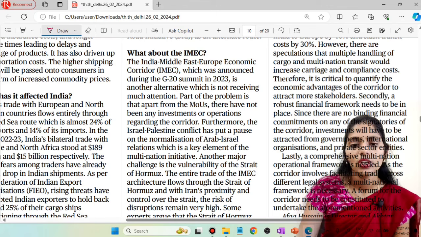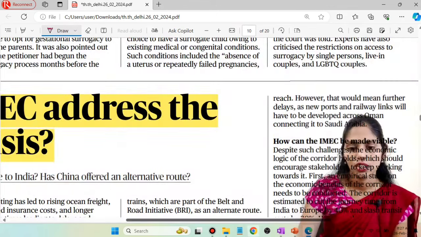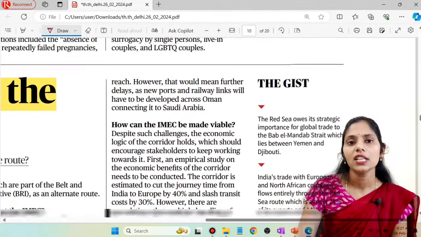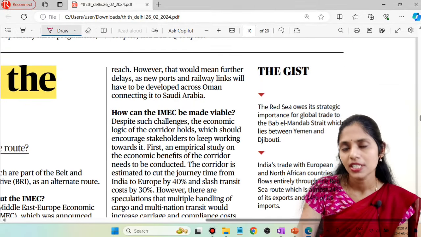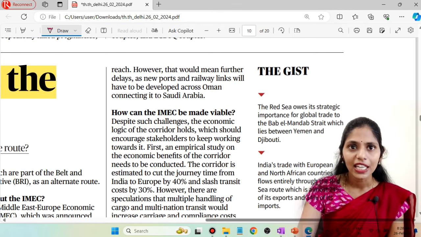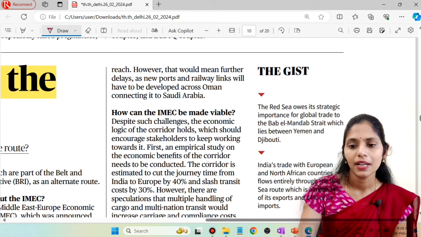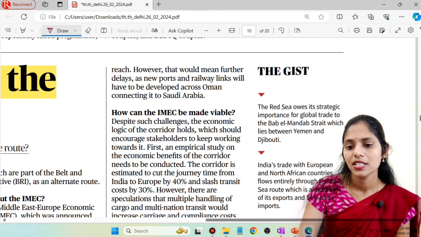So here you have to know about what this IMEC is. The Red Sea has its own strategic importance and plays a key role in global trade because it has the Bab el Mandab Strait, which lies between Yemen and Djibouti.